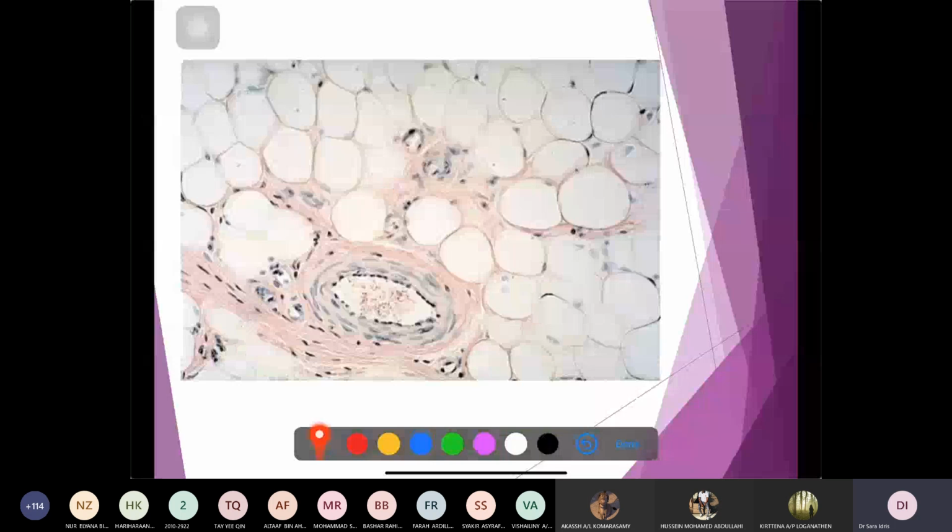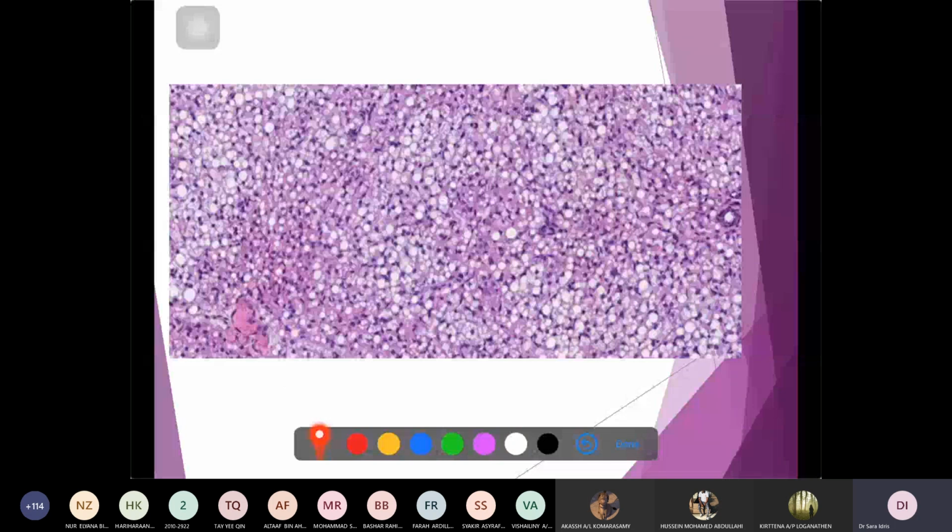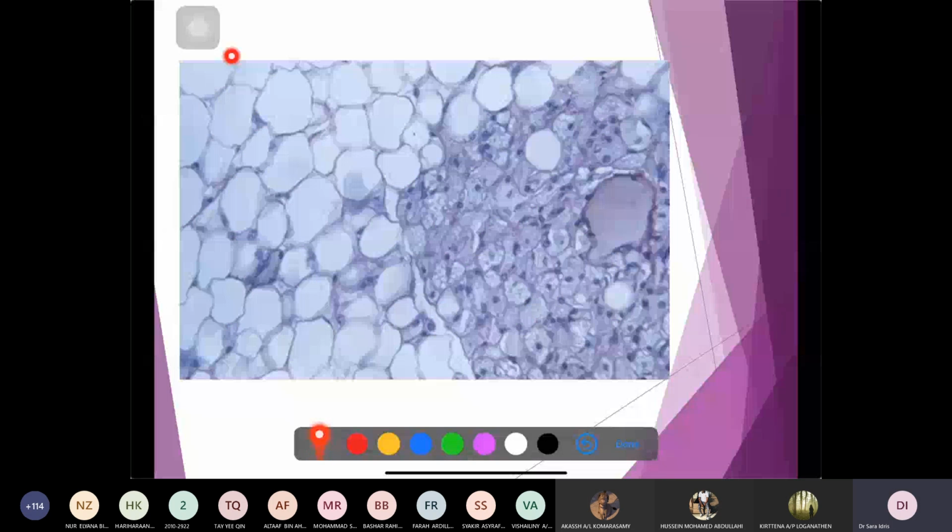Then you have your brown adipose tissue, as mentioned earlier: multilocular, with many lipid droplets and a lot of mitochondria that give off the brown appearance. It is important in heat production, especially in newborns. That is an example of a brown adipocyte. This one here is white adipose tissue, and this one here is brown adipose tissue.